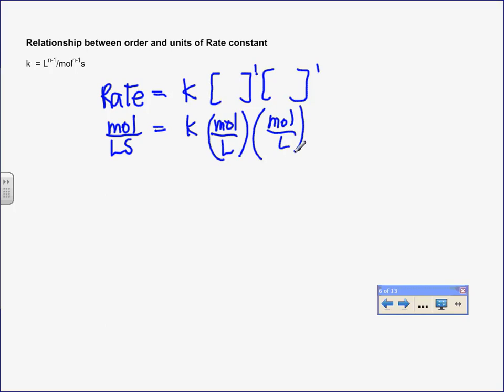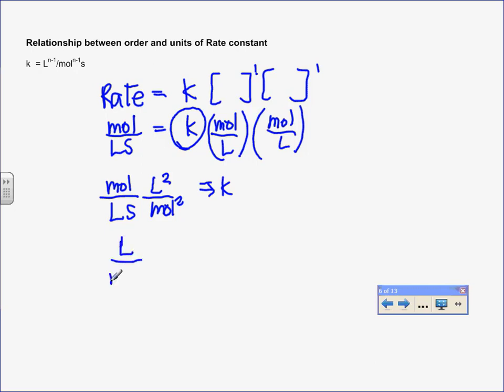If we want to rearrange to find the units for the rate constant, we've got mole per liter per second, and we're going to bring the liter squared over and the mole squared over. Okay, so the units for k are going to be liter per mole second.